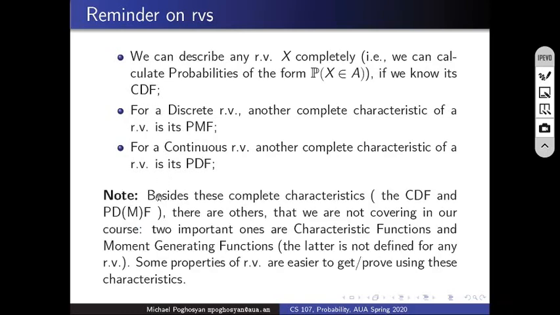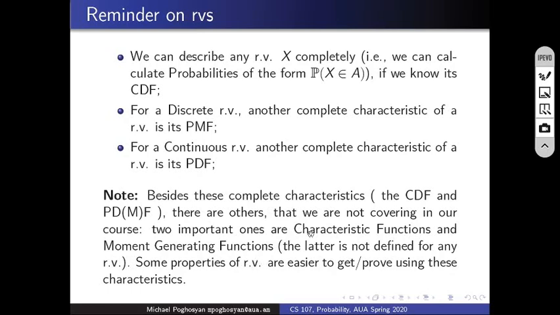One note here: besides these three complete characteristics, besides the CDF and the probability density or mass function, there are also other complete characteristics, but unfortunately, or fortunately maybe, we are not covering them in our course. Two important complete characteristics are characteristic functions and moment generating functions.